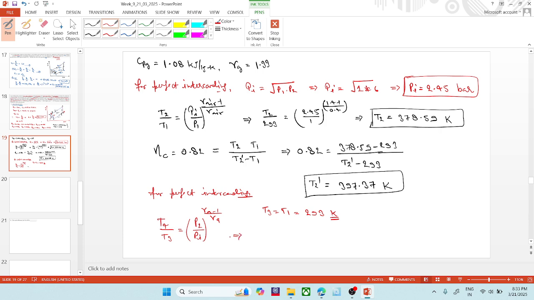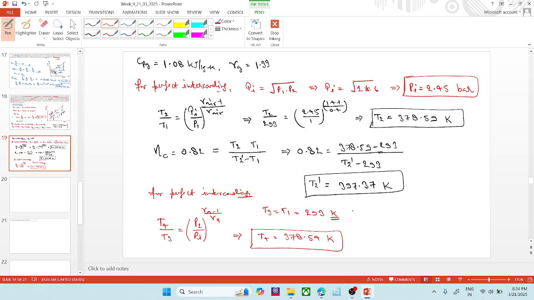So when we put all the values here, the value of T4 will come out to be 378.54 Kelvin.